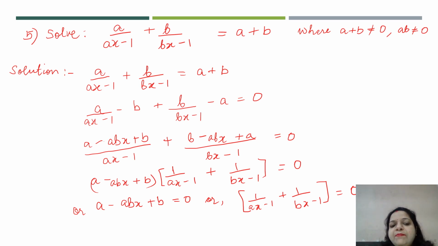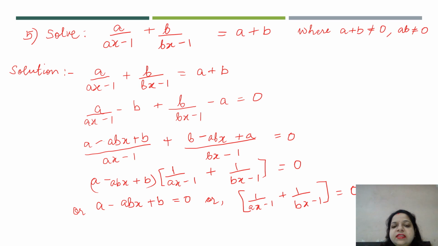Then we will get a plus b minus abx from both the sides as common, which is multiplied by 1 upon ax minus 1 plus 1 upon bx minus 1 is equal to 0. Okay.